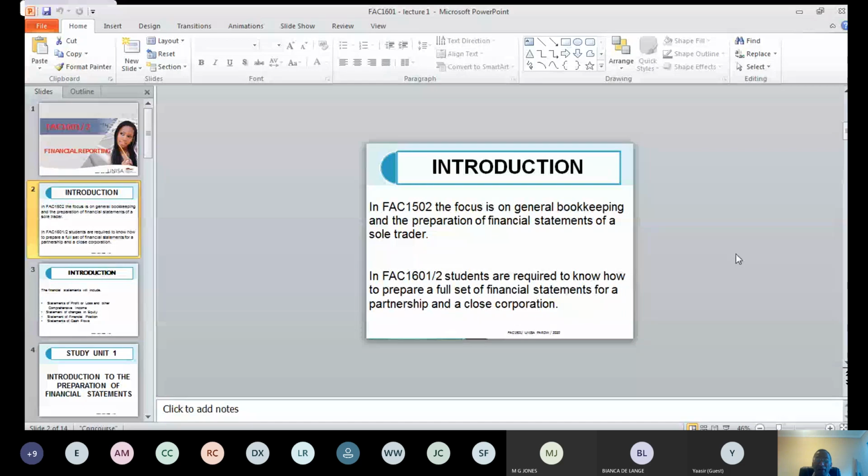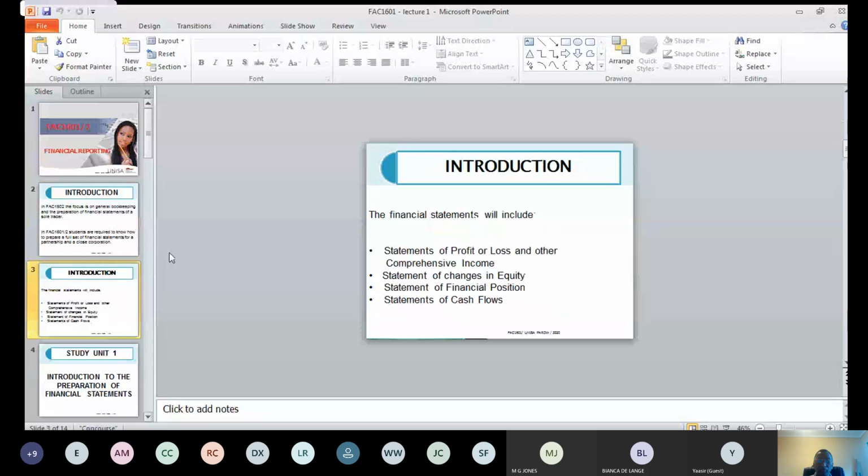But now for FAC 1601 and 1602, we also add in the next financial statement, which is the cash flow statement. So in this course, we are focusing on 4 different financial statements.